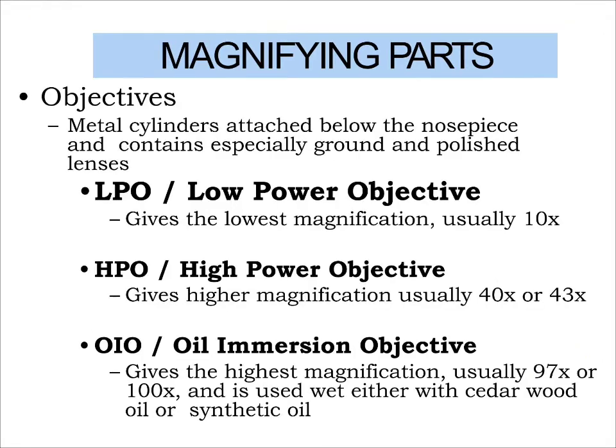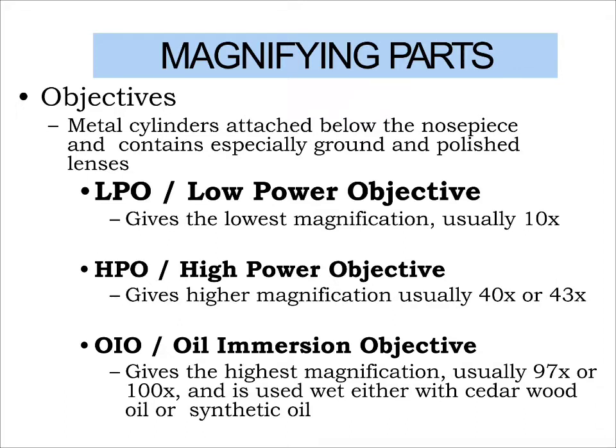bigger. Aside from lenses, objectives are very important to the microscope. So we have three types of objectives. We have the low power, high power, and the oil immersion power. So low power objectives give a 10 times bigger view of the object, while the high power objective is about 40 times to 43 times bigger than the microorganism.